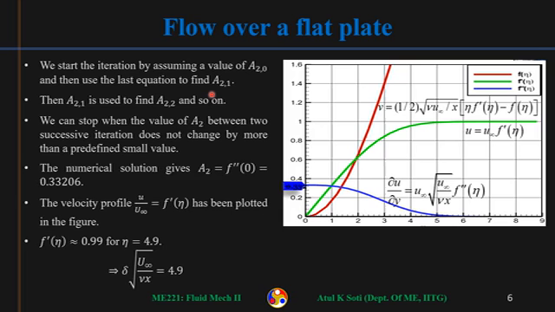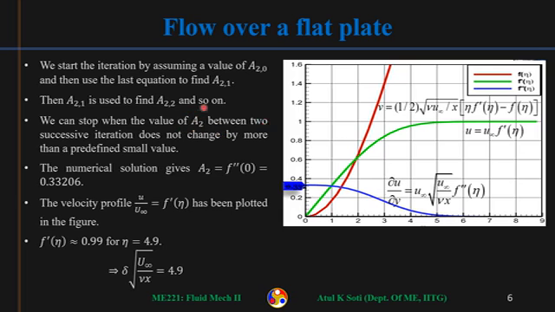So we start with an initial guess of a2, use the limit equation to find a new guess, and keep doing this until the value of a2 stops changing by a predefined small value.